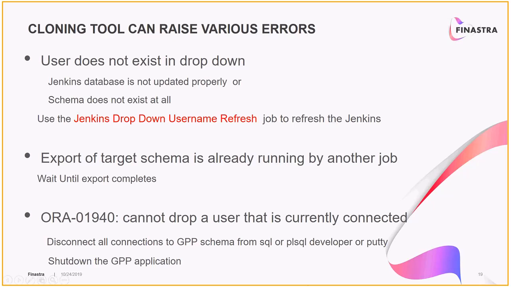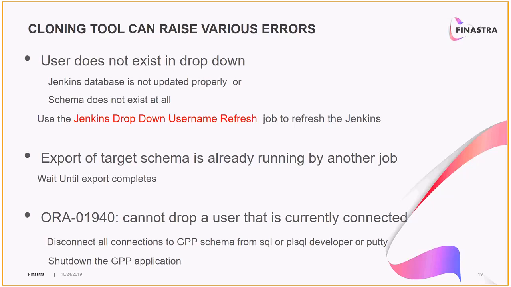Okay, the next one is "cannot drop user that is currently connected." This is also a very frequent issue we face, or are asked to fix. Basically, what it suggests is that the GPP application or users are connected through SQL Developer, PLSQL Developer, Toad, or some other tools, and they might have triggered some DML or something like that.